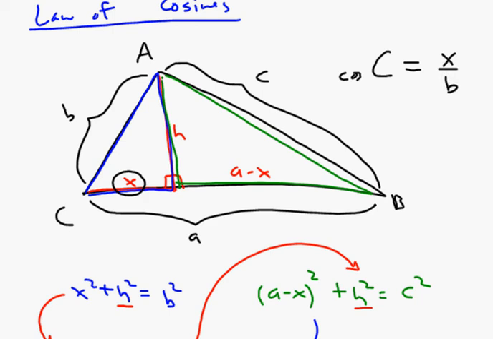You can see that in the blue right triangle. Here's the blue right triangle. If you look at that, here's angle C. So the cosine of angle C would be adjacent, which would be the side x, over hypotenuse, which would be b. But that means that x equals b cosine big C. That's exactly what we're hoping for.